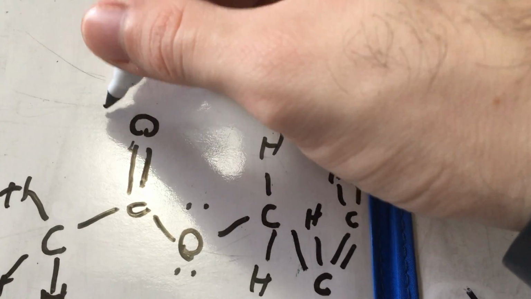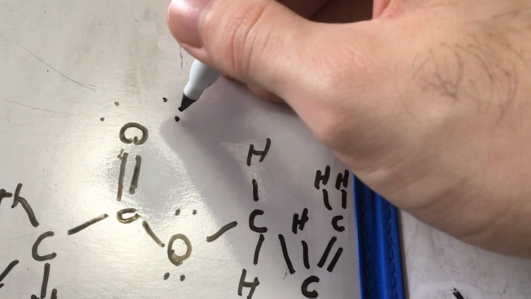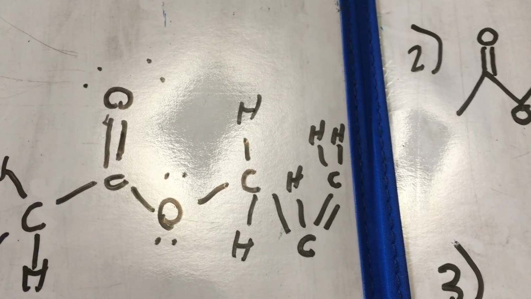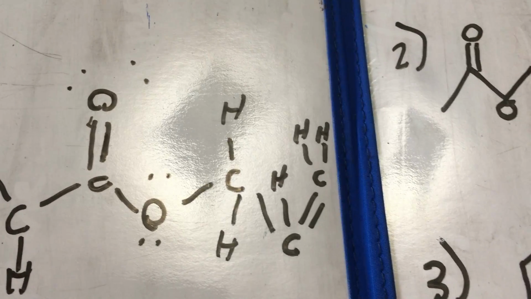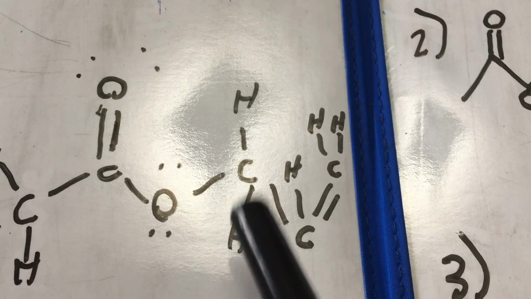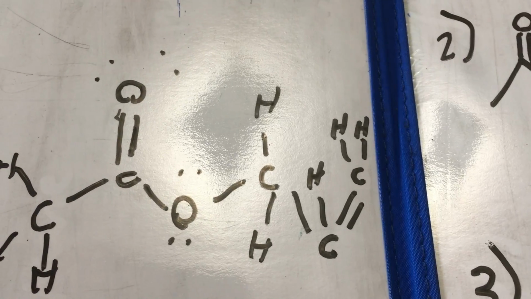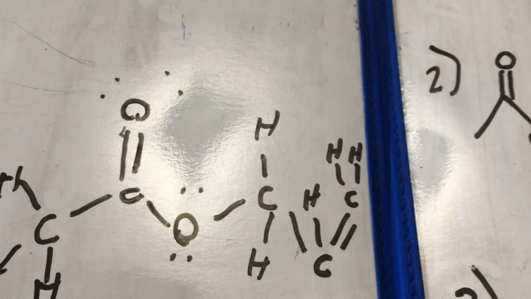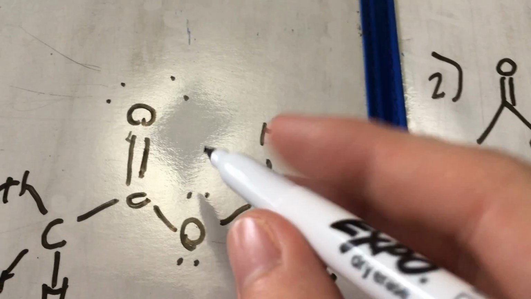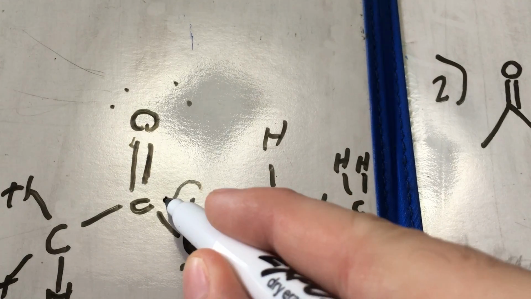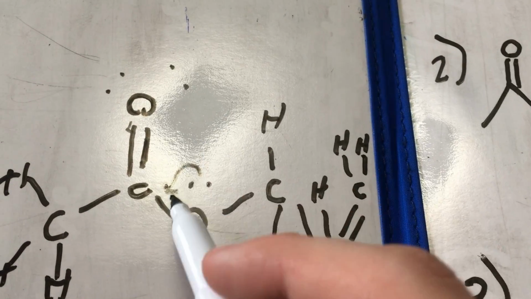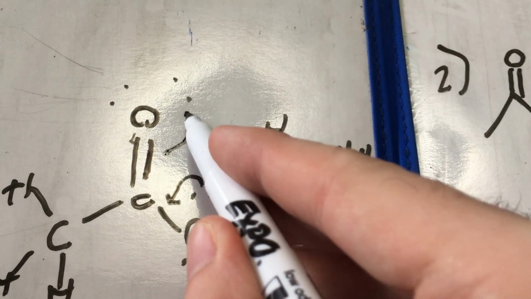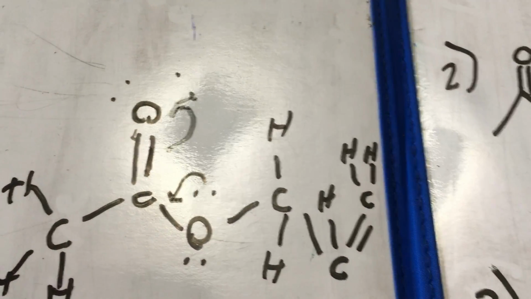What one would think is, okay, I can move this double bond here, and then the double bond's over there. But we don't really want to do that. We want to actually try to make it so that over here, we move the electrons here, and the double bond has to go up to the oxygen.